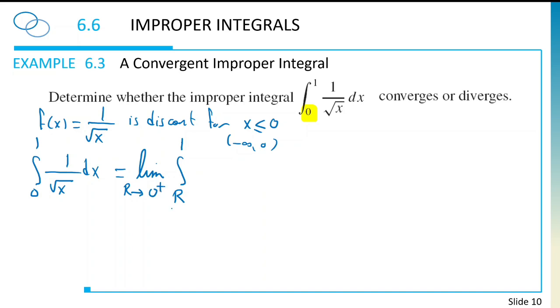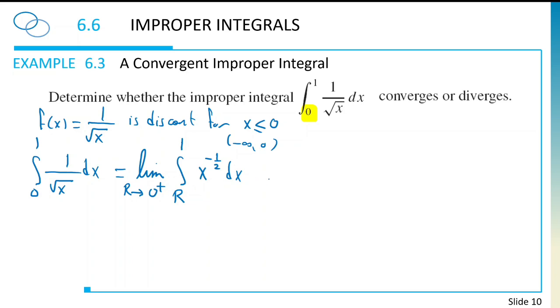Yes, from the right, for 1 over radical, or you could write it as a power form if you like. Just do whatever you feel like. So this is x to the power of negative half dx. I just rewrite this one into the power form.